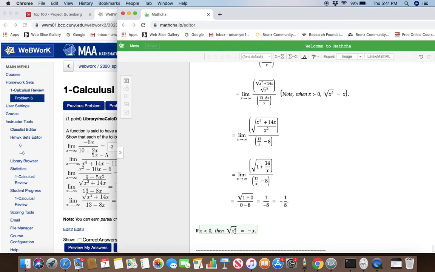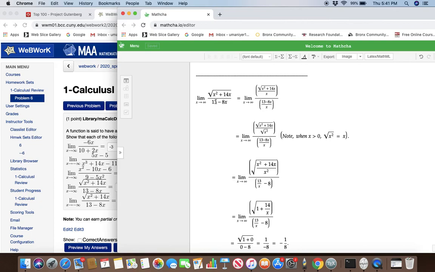Square root of positive 9 is positive 3. So from negative 3, how do I get a positive number? By putting another negative. Okay, negative of negative 3 is what gives me positive 3. That's what I'm going to use. But right now, this is the case when x is negative. Right now I'm looking at positive because I'm going to positive infinity. When x is positive, square root of x squared is x.